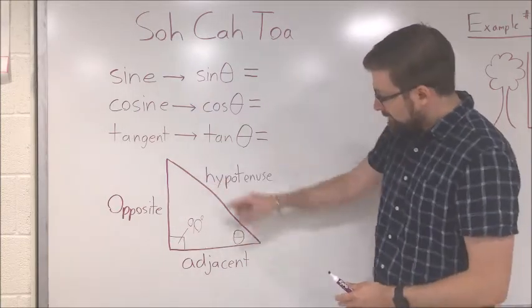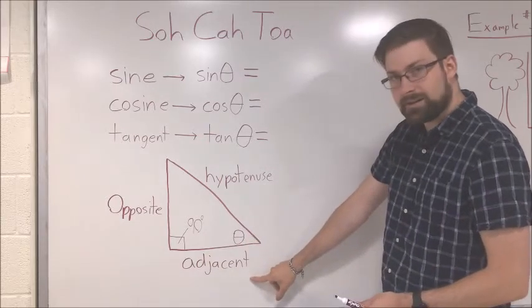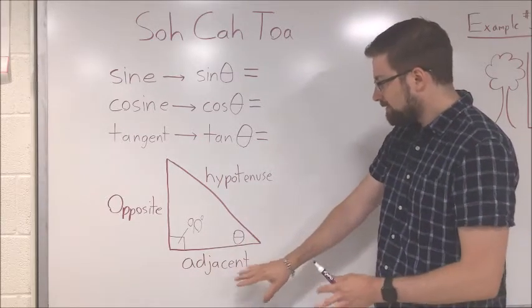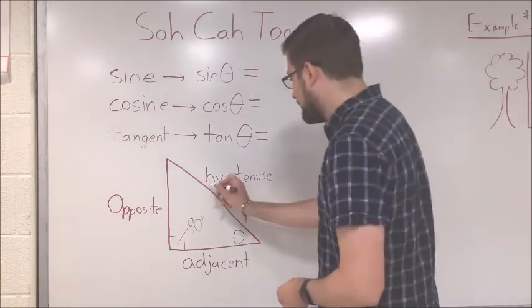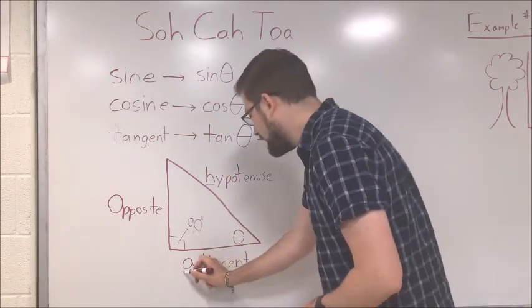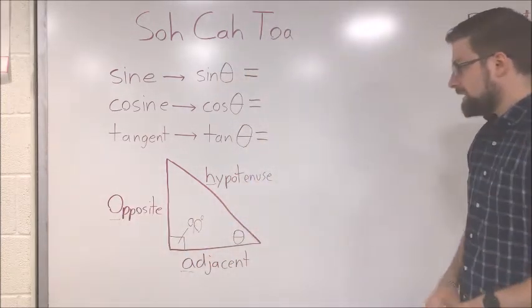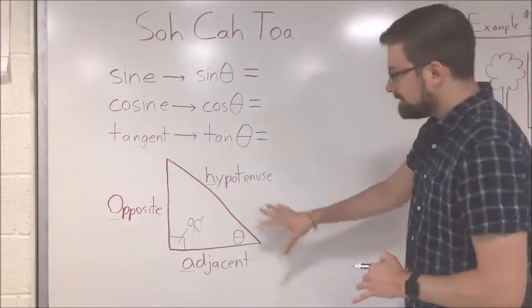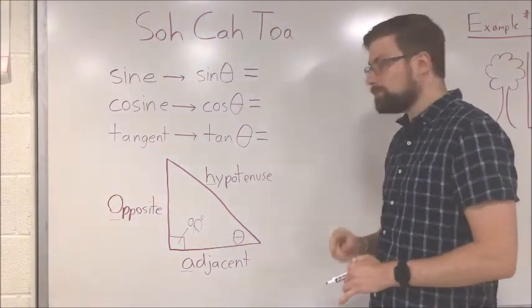So we have the hypotenuse, and the side right next to the angle is called the adjacent side, okay? And those three words are what we use to call each side of the triangle. So there's an H, an A, and an O, okay? And basically, we use these symbols to explain what our trig functions are going to be equal to.